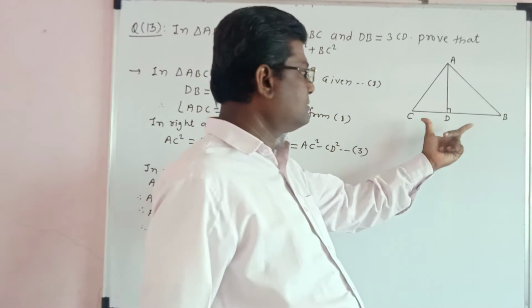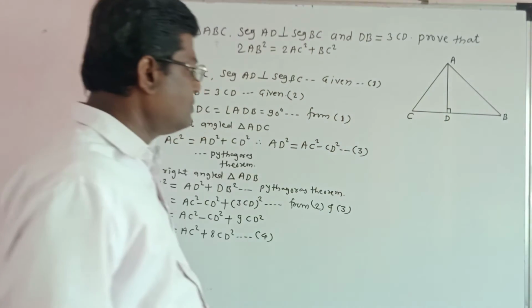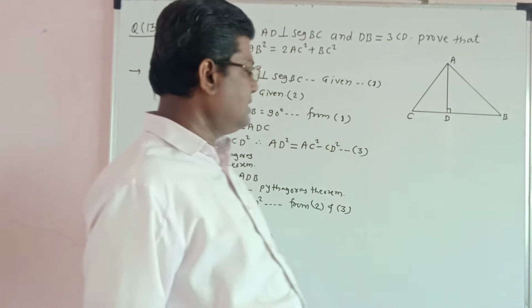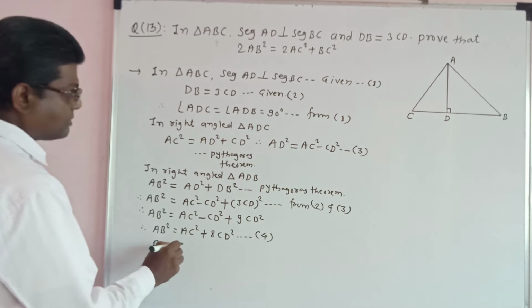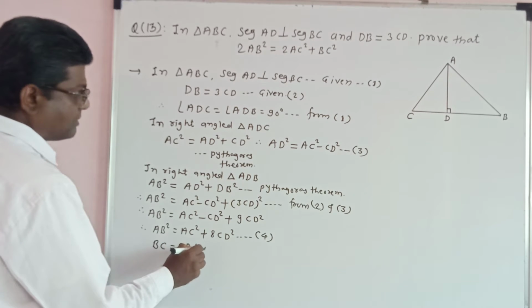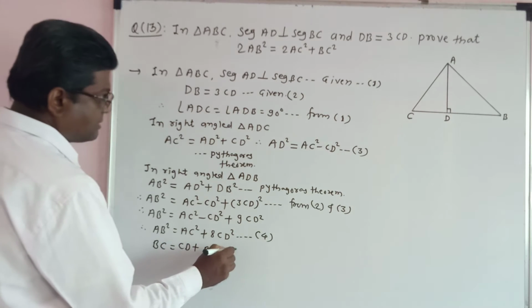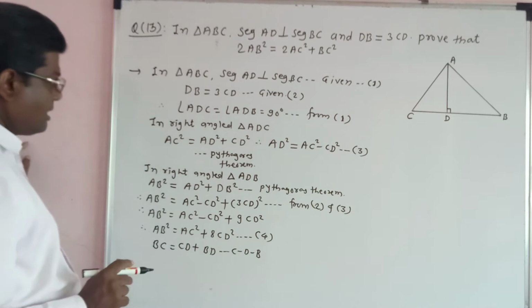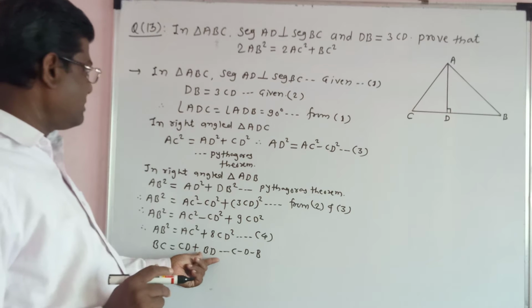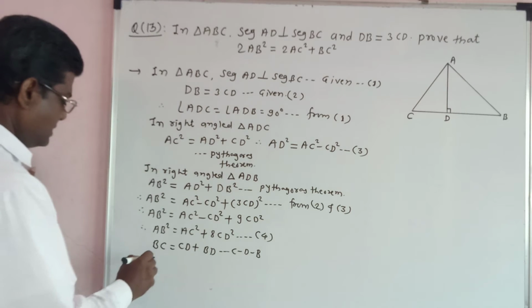Now in figure, BC is equal to CD plus BD. Reason is C-D-B. But BD is equal to 3CD.